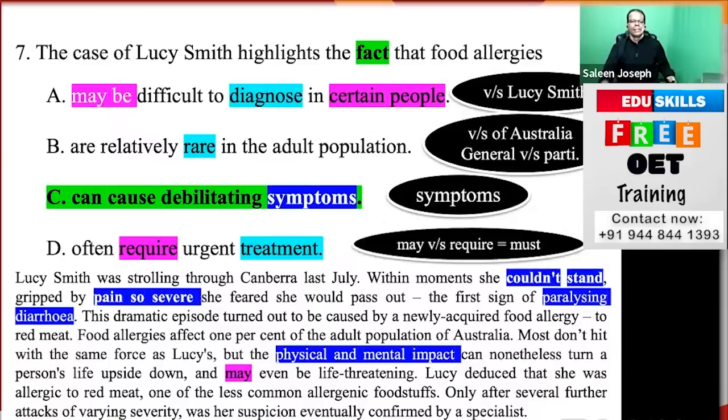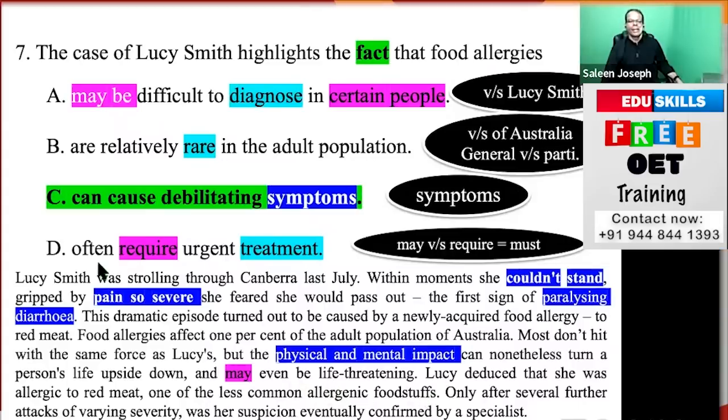Fourth one, often require urgent treatment. Somewhere it is given about treatment. It speaks can nonetheless turn a person's life upside down and may even be life-threatening. Life-threatening means you need treatment. You can understand? You need treatment, but it says may even be life-threatening.